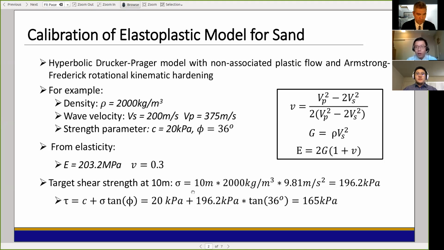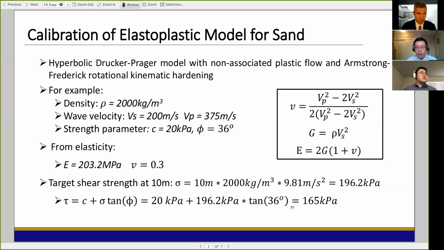Then the confinement or pressure at 10 meters is equal to the depth times the density times the gravity, which equals 196.2 kilopascal. Based on this pressure, we can calculate the expected shear strength of this material at this depth using this simple equation, which gives a target shear strength of around 165 kilopascal.